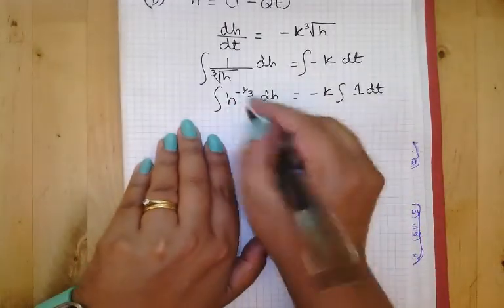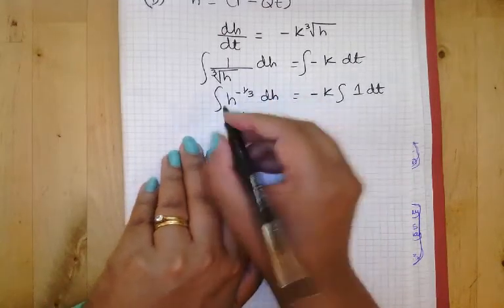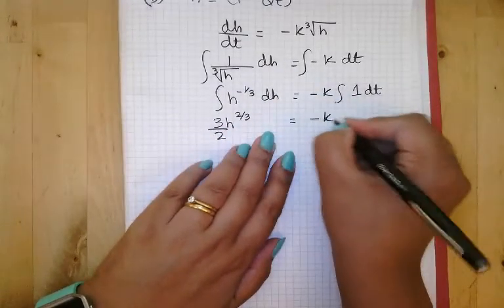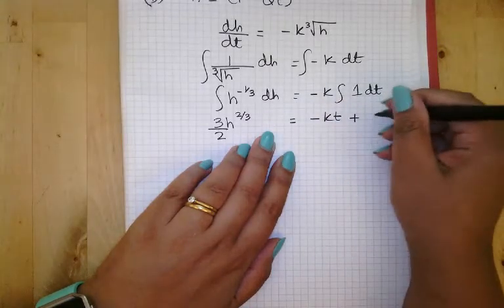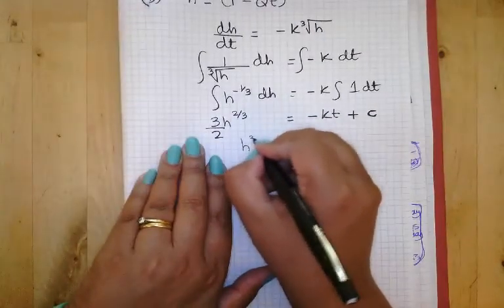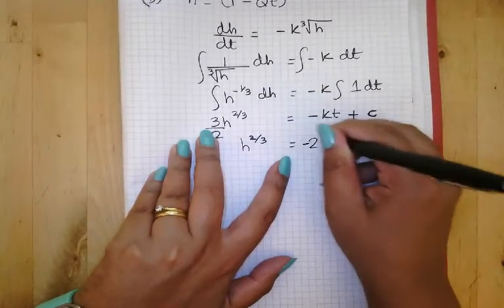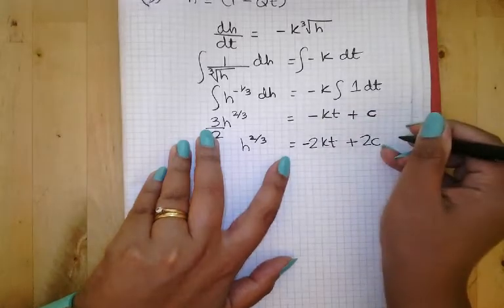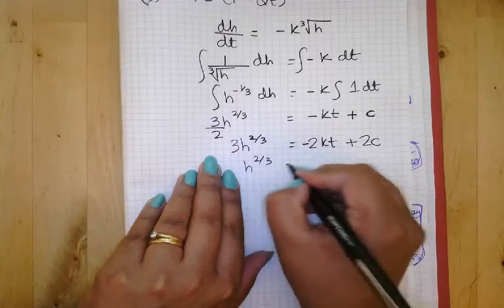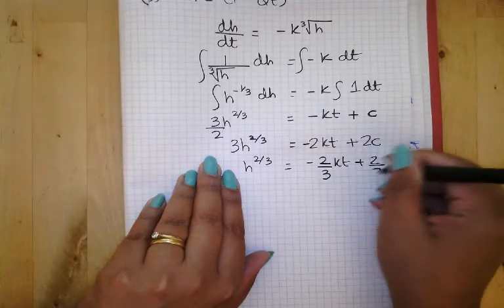When I integrate this, I'm going to get h to the 2 by 3 times 3 over 2, add a 1, divide by the new power, equals minus kt plus, and I'm also going to have a constant. Okay, and then if I try and make h subject of the formula, I'm going to get h to the 2 over 3 equals minus 2 over 3 kt plus 2 over 3c.